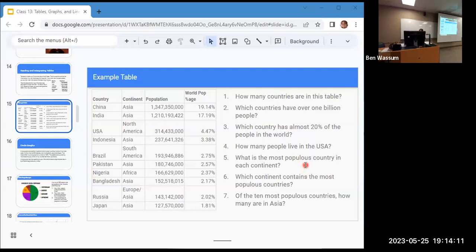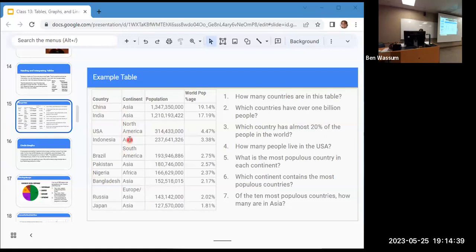What is the most populous country in each continent? Well, since this is sorted by population, you're able to just look at the continent column and kind of work your way down. The first time you see Asia is China. So that's the most populous Asian country. Then in North America, it'd be the US.